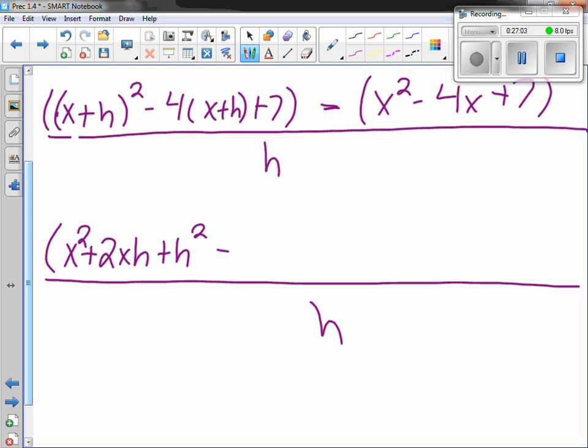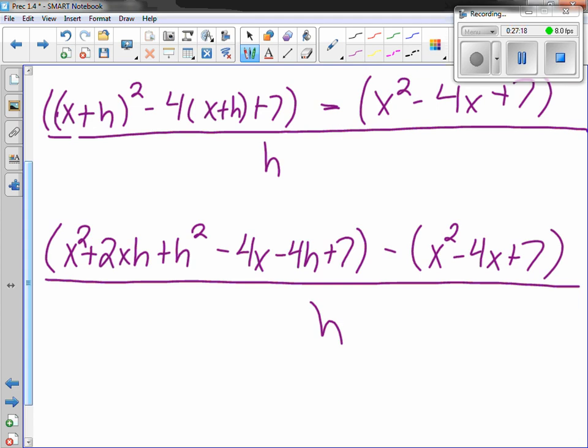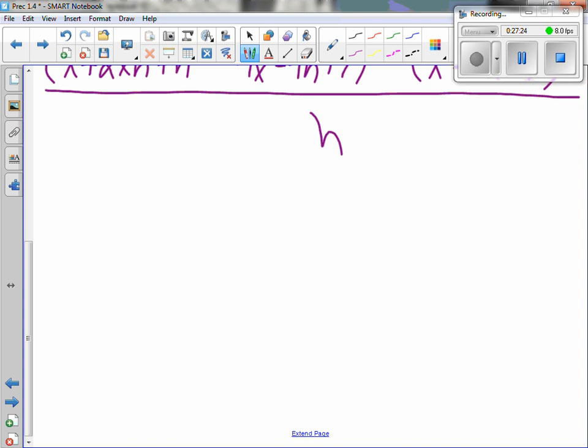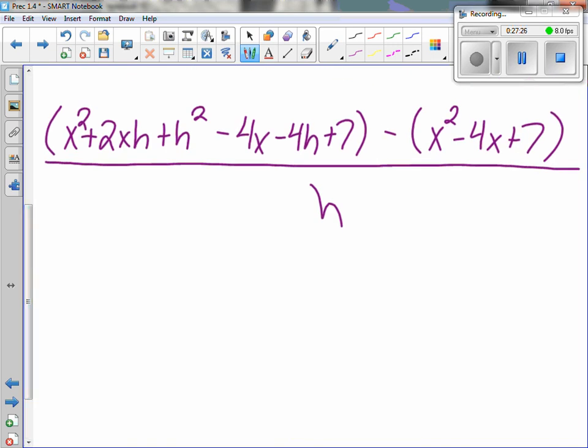Minus, we would distribute, so we have 4x minus 4h plus 7 minus x squared plus 4x minus 7. Combine like terms. What is x squared minus x squared?